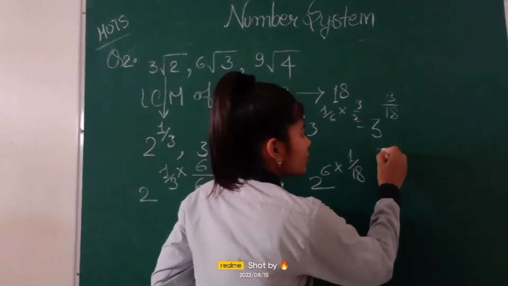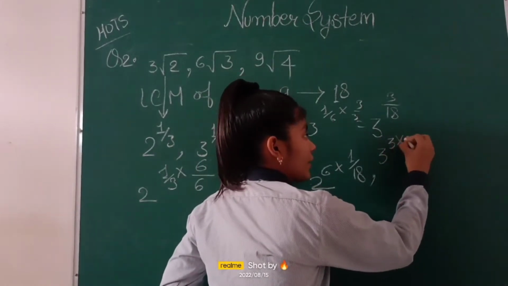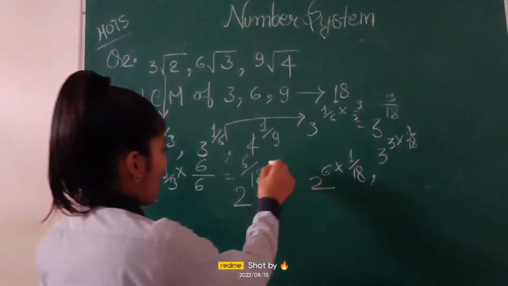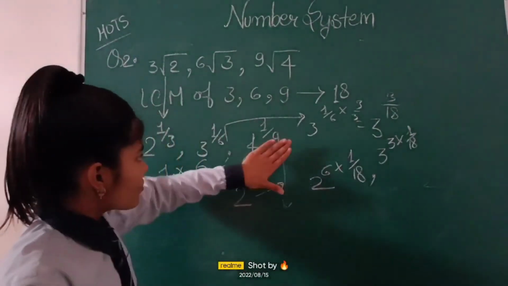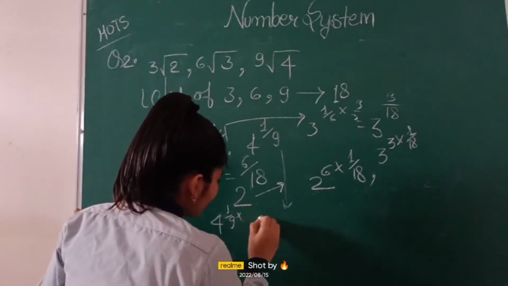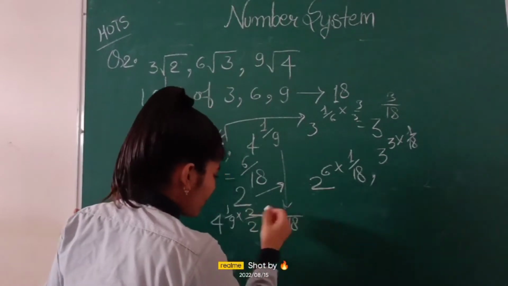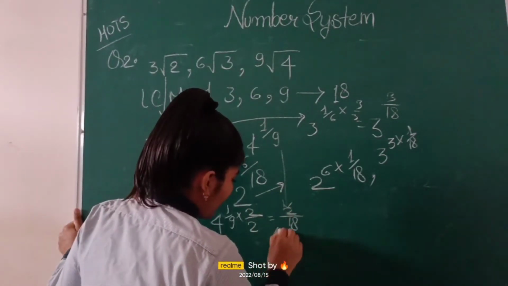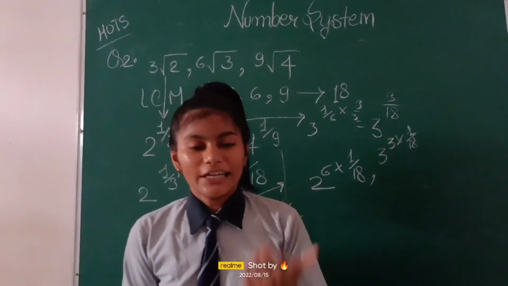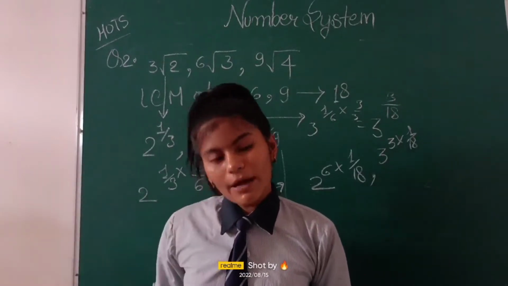You can write 3 raised to the power 3 into 1 by 18. Yes, follow the same trick. I am following the same trick here. So 4 raised to the power 1 by 9 now. We have to make the denominator 18, so we will multiply by 2. We get 2 by 18 and we have 4. See, how can you write 4 raised to the power 2 by 18? You can write 4 raised to the power 2 into 1 by 18.